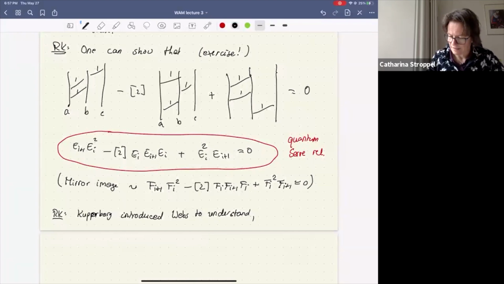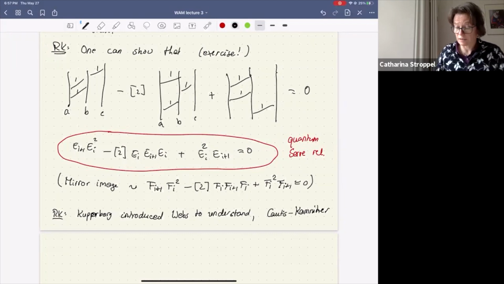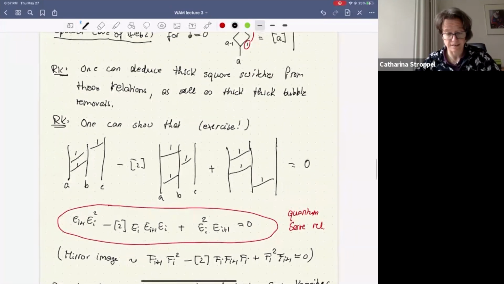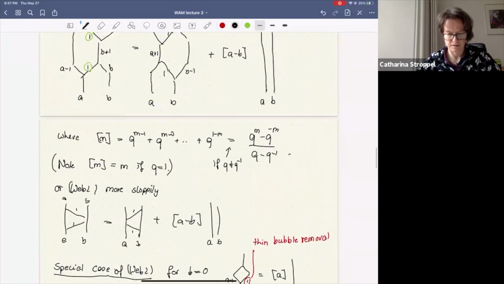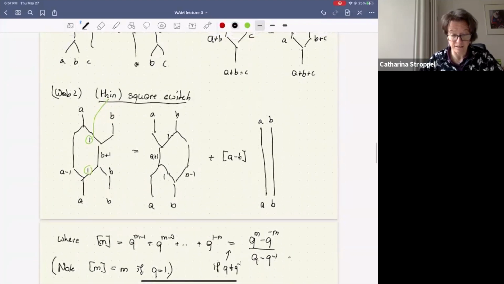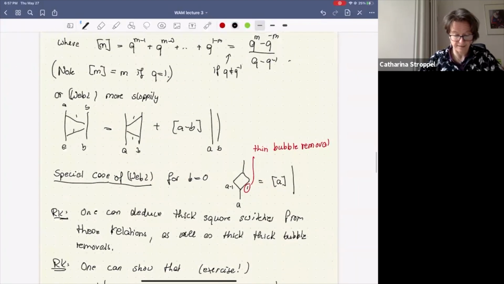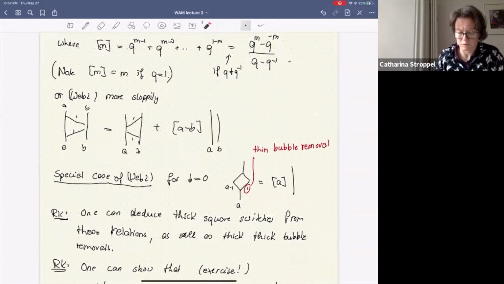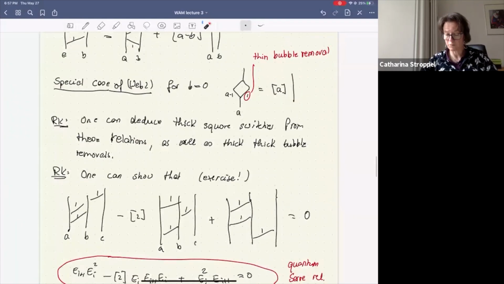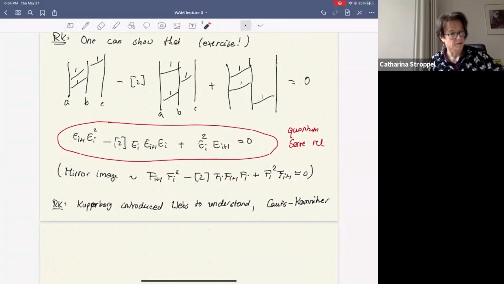And then what I wrote today, this definition of type A, is in a paper of Cautis and Kamnitzer, although if you look there, it's a slightly different definition. I have many fewer generators and relations than they have. But as I said in this remark, you can create all the other relations they write down from these small ones. So don't be confused about this.